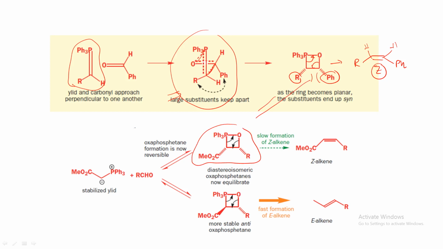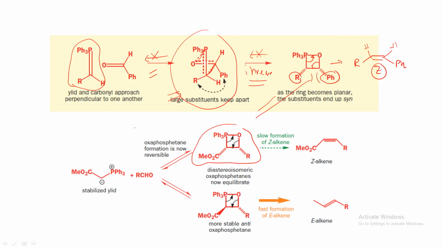For the unstable ylide, you can see this is an irreversible step, so it cannot revert back, because the ylide is very unstable, so the system would not generate the unstable ylide again. So when it is formed, it cannot be driven back. This is an irreversible process, this particular step.